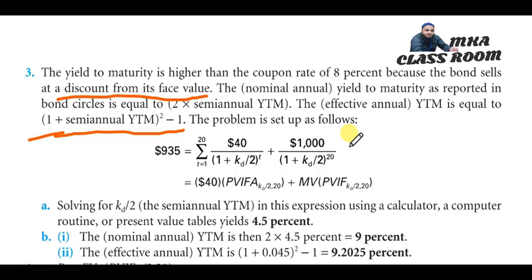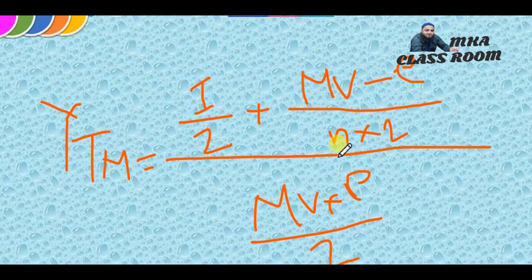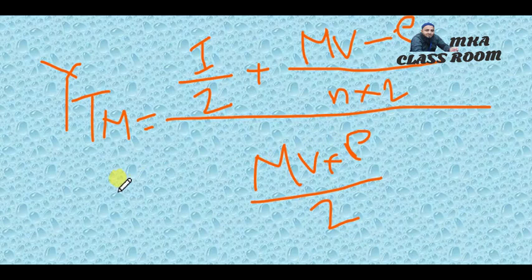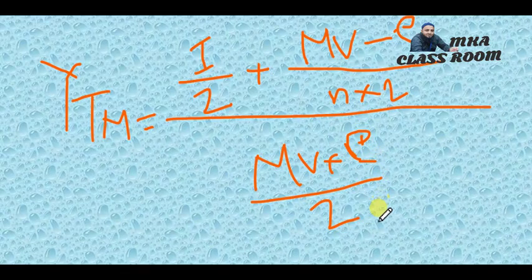Now we will see the YTM. What would be our YTM? This is our YTM formula for semi-annual compounding. Our bond provides semi-annual coupon payments. That's why 1 divided by 2, plus MB minus C, that means the current price of the bond, and into 2, MB plus C divided by 2.